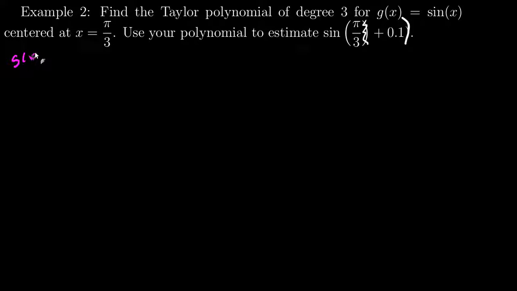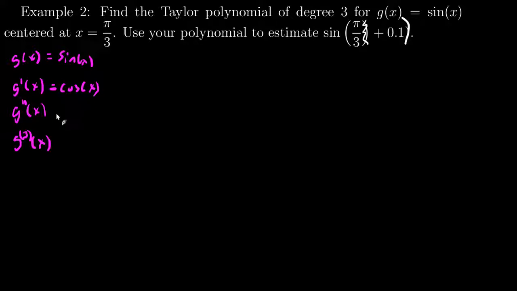So I'll do the same thing to start with. I need g of x, g prime of x, the second derivative and the third derivative. G of x is sine, g prime is cosine, g double prime is negative sine, and the third derivative is negative cosine.